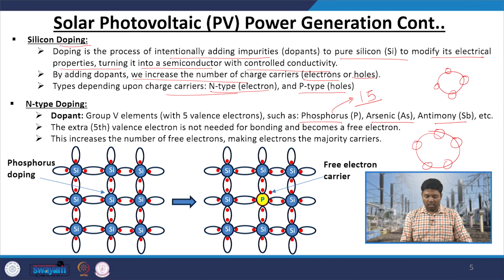If you dope this silicon atom with phosphorus, it will make bonds with the neighboring silicons, but 1 electron will be free, not having any bond. That will act as a free electron, and that will act as your majority carrier for N type doping.